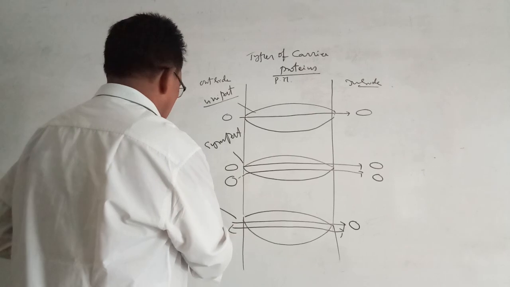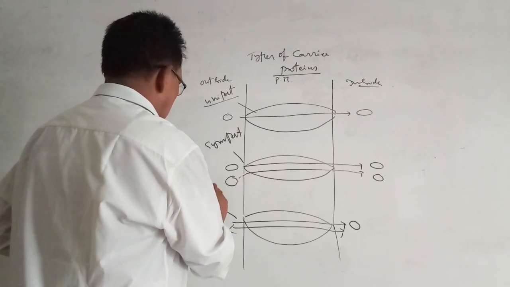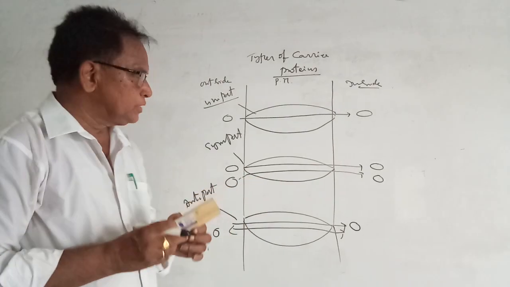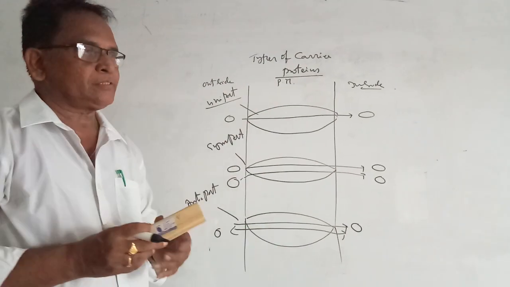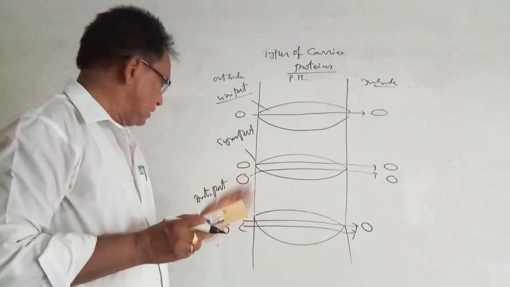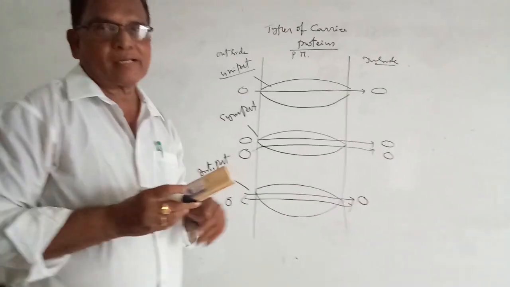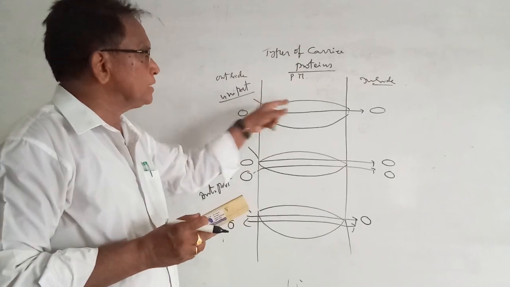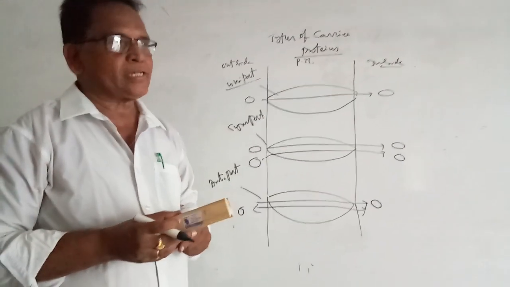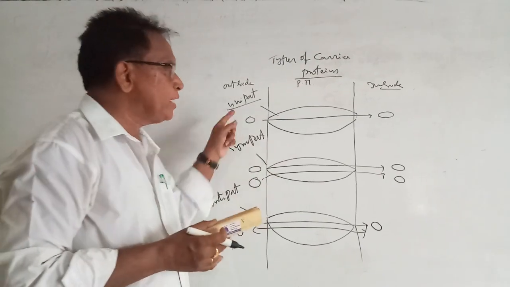This is called antiport or antiporter. So the carrier proteins are of three types: uniporter, symporter and antiporter. In the case of uniporter, only a single molecule is transported with the help of that protein in one direction.